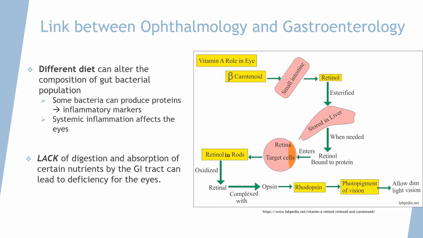The lack of digestion and absorption of certain nutrients by the GI tract, such as vitamin A, can lead to deficiency for the eyes as well. So understandably, vitamin A deficiency injures the eyes and can be brought upon by the problem in the GI tract.